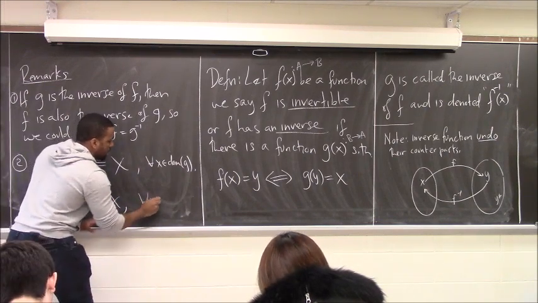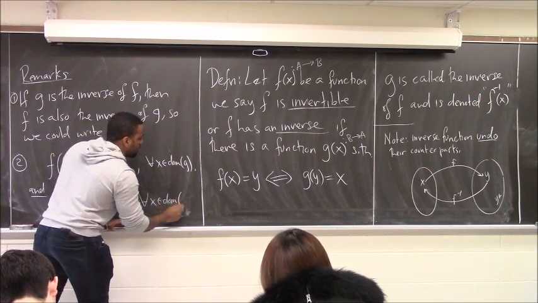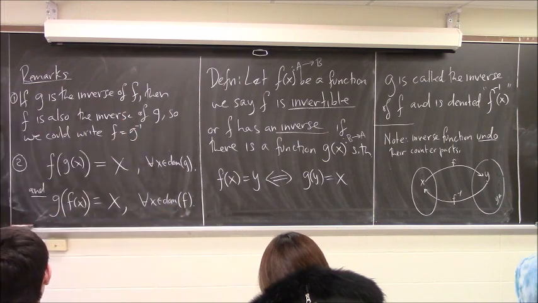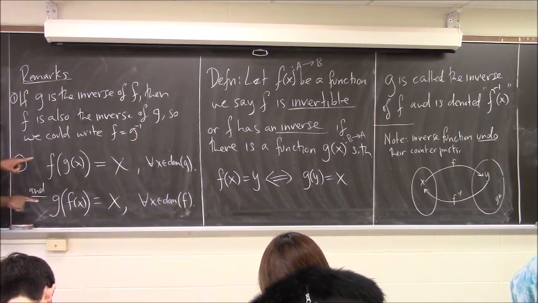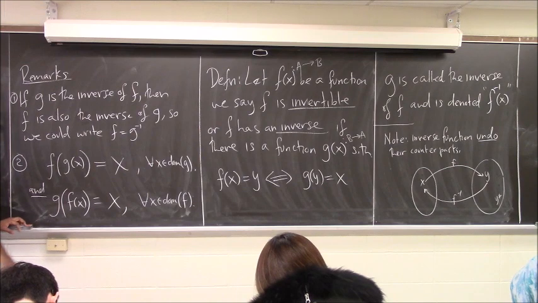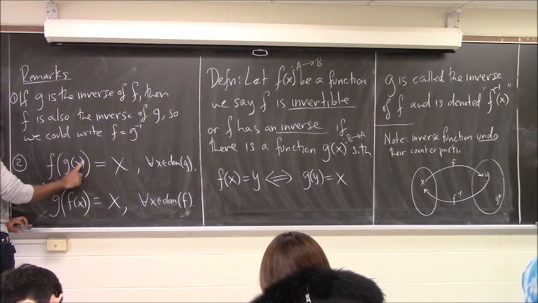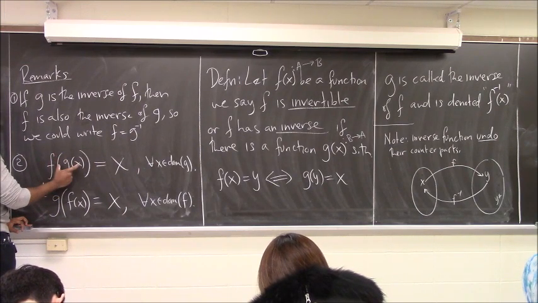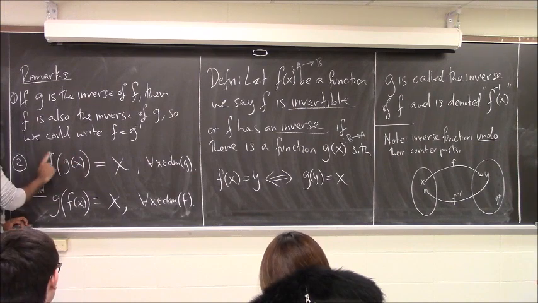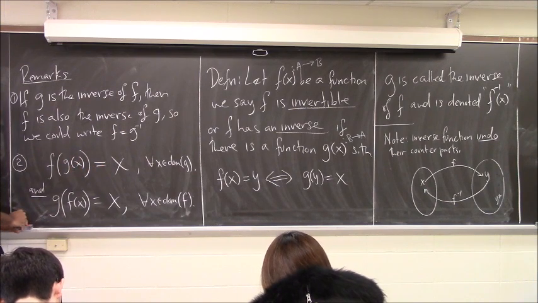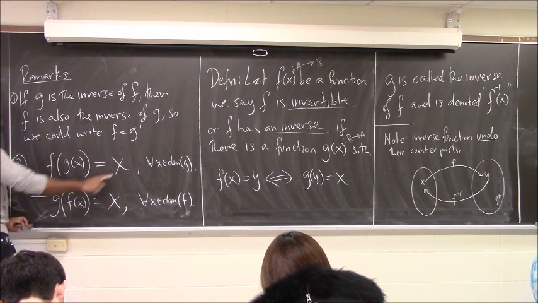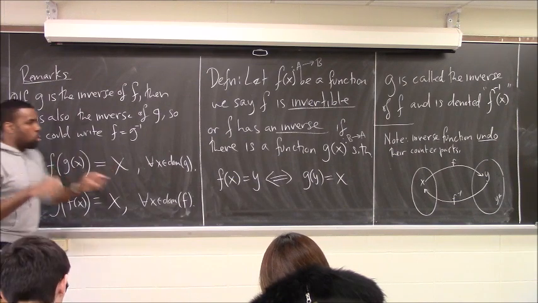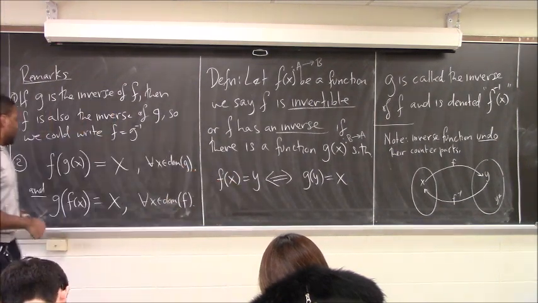This will work for all x in the domain of f. In other words, inverse functions have this special property. You can start with an input, put it inside g, but if you take that result and put it inside f, it'll give you back the original x. Okay? Here, this x is kind of like the y in this situation.